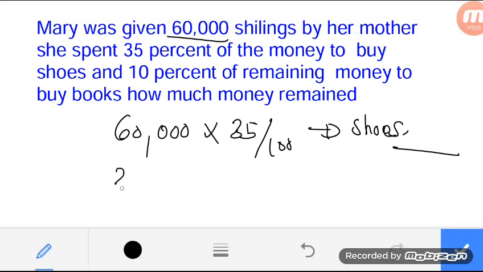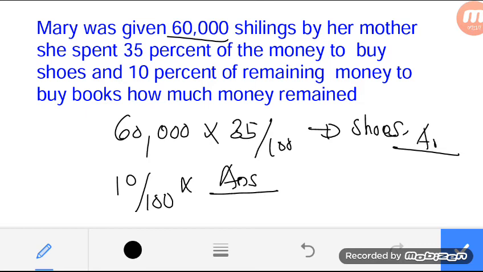The answer here will be multiplied by 10%. There will be an answer, and the 10% will be multiplied by that answer. And 10% of the remaining money to buy books.